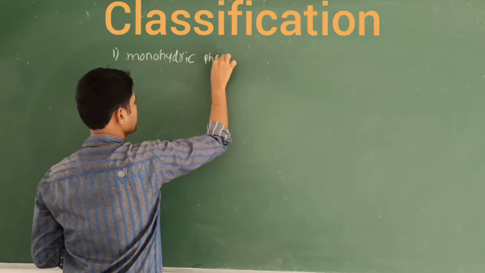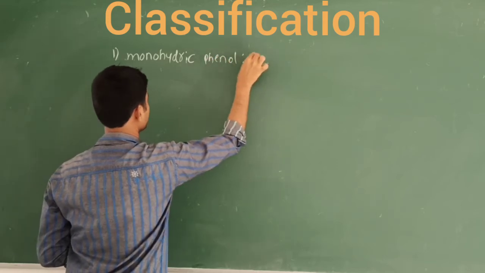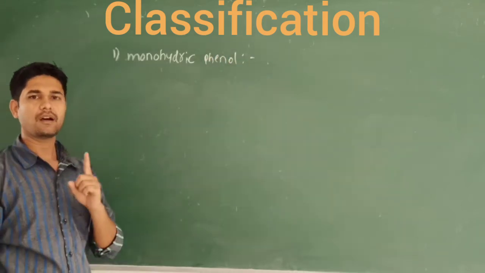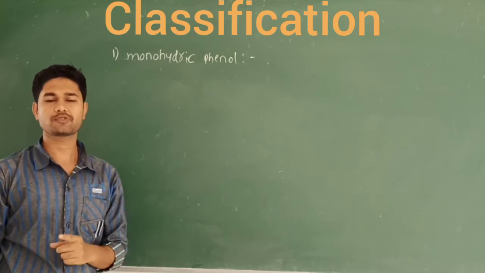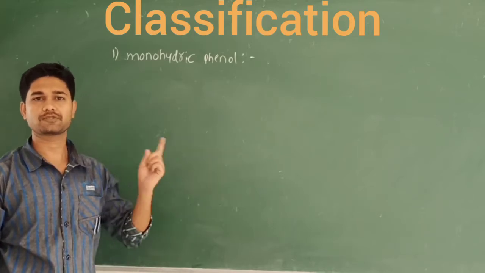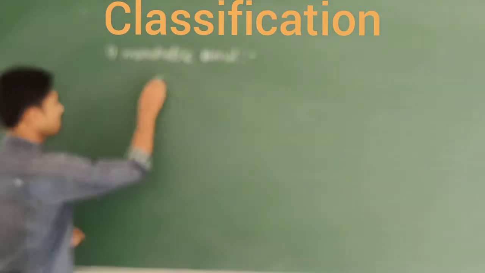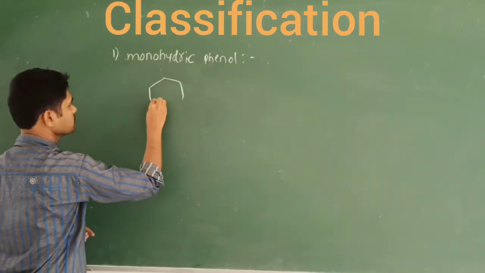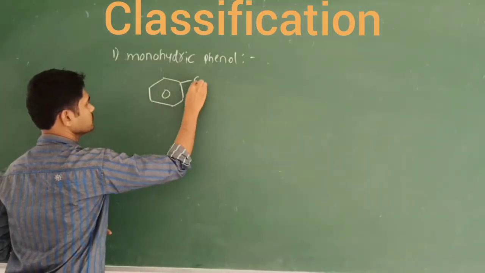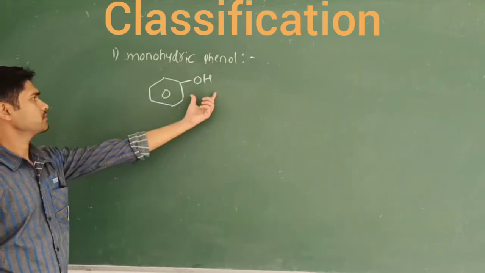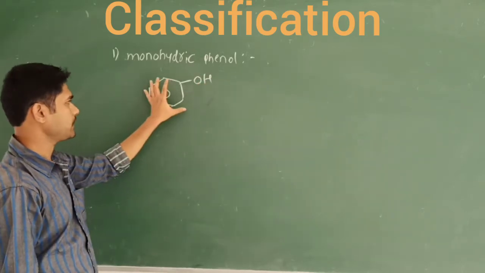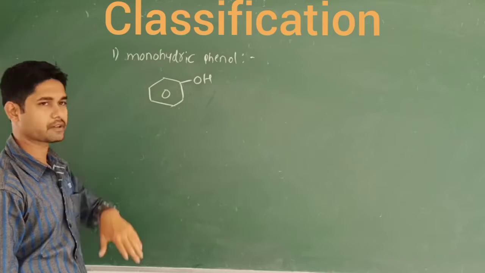As the name indicates, mono means a single hydroxy group, I mean a single OH group, directly attached to the benzene ring. Example, phenol. This is called monohydric phenol.